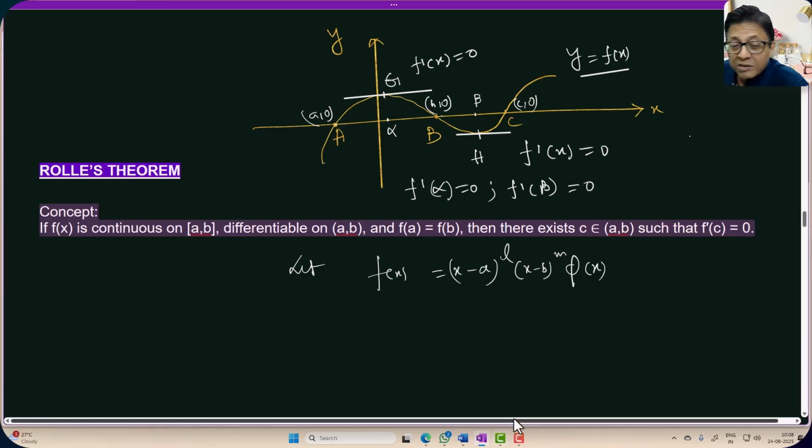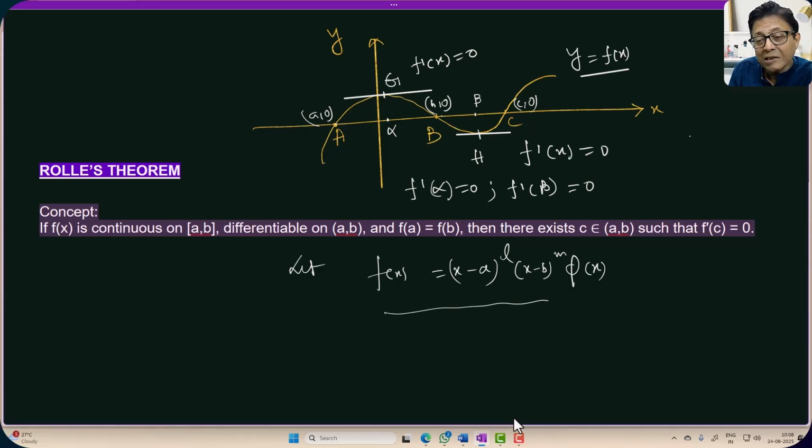What is the meaning of this? You have seen in polynomials, if it is written in this manner, it has a multiple root, maybe l times, maybe m times. We assume that f(x) has repeated roots at x equal to a and at x equal to b, because if you differentiate, so long as you can differentiate, that root will occur. Already discussed. Now, what is f dash x?